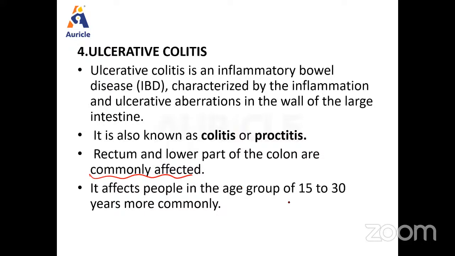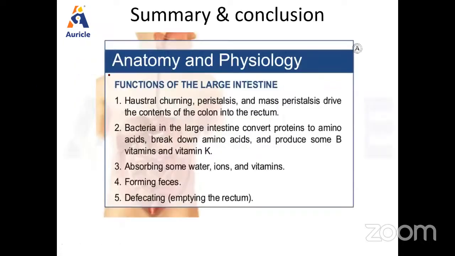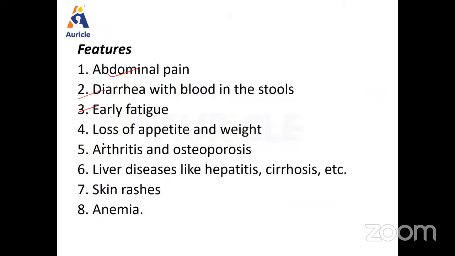It affects people more commonly in the age group between 15 and 30 years. Again, the features are abdominal pain, diarrhea, fatigue, loss of appetite, arthritis, osteoporosis, liver disease like hepatitis and cirrhosis, skin rashes, and anemia.